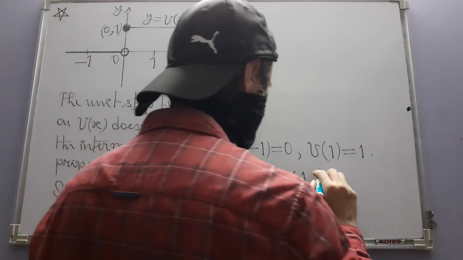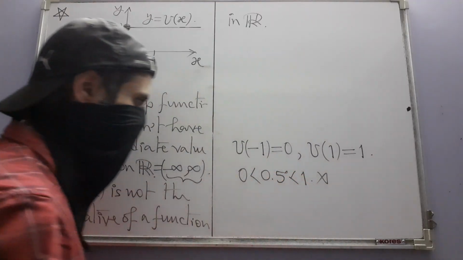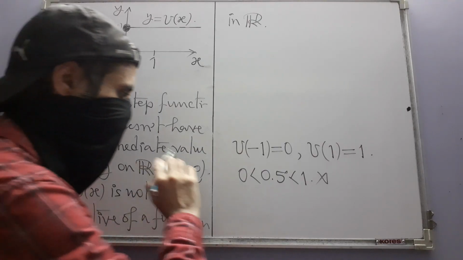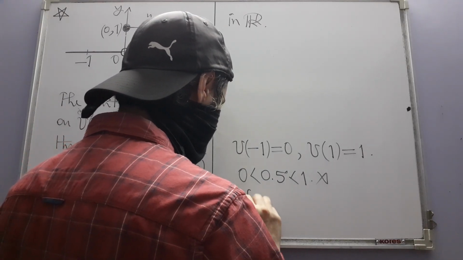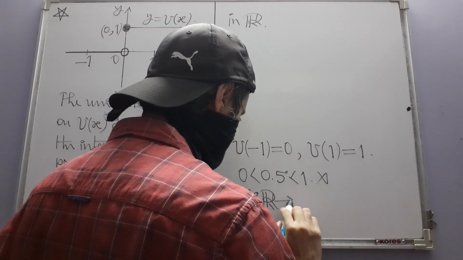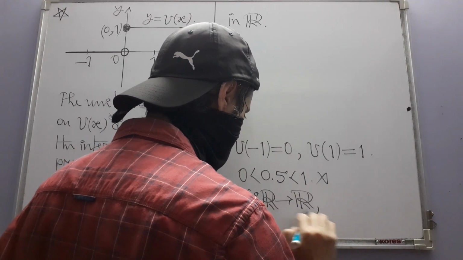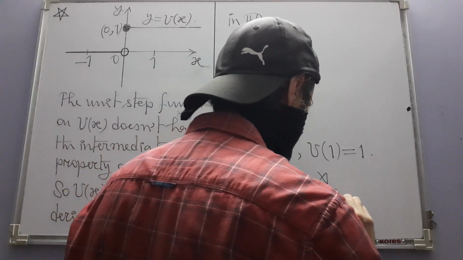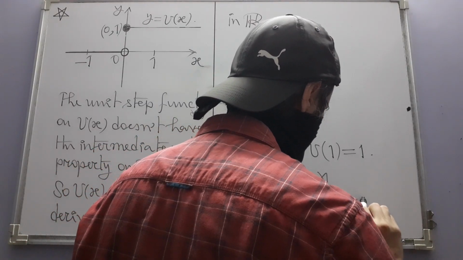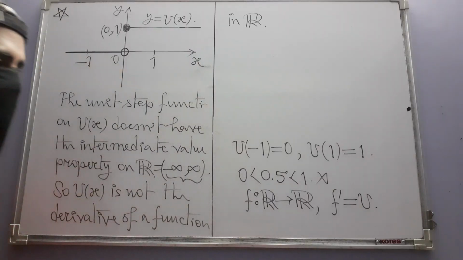So that is why it's not satisfying the intermediate value property. And that is why by theorem 2, there exists no function f from R to R such that f is differentiable on R and f prime is equal to u.